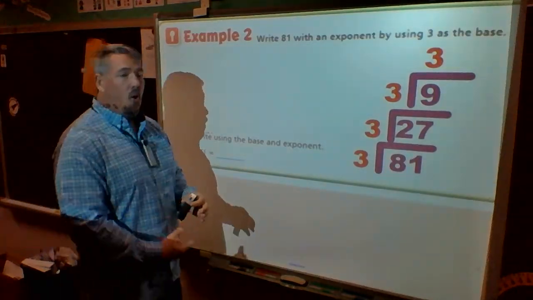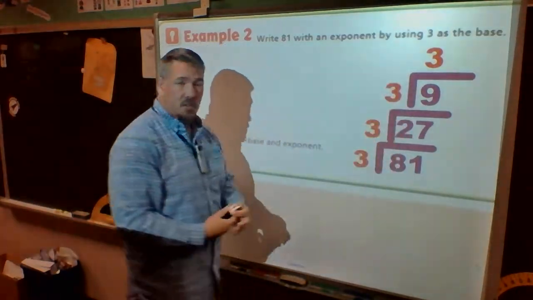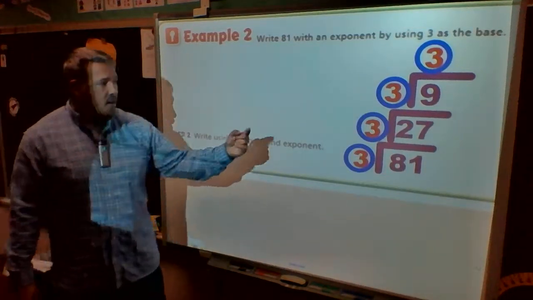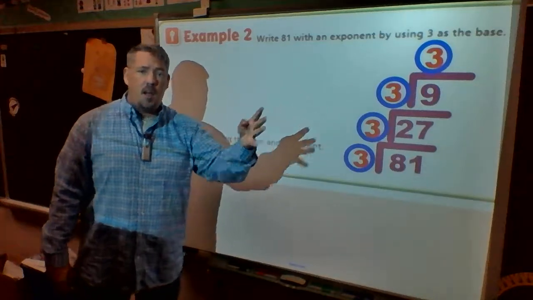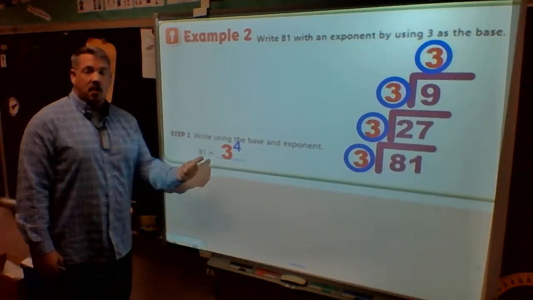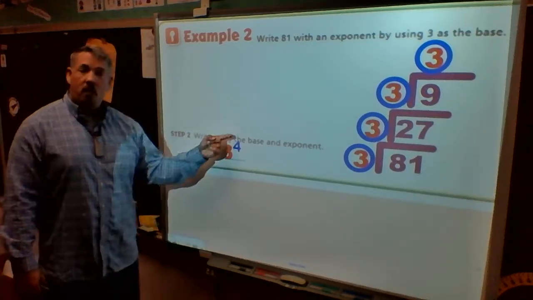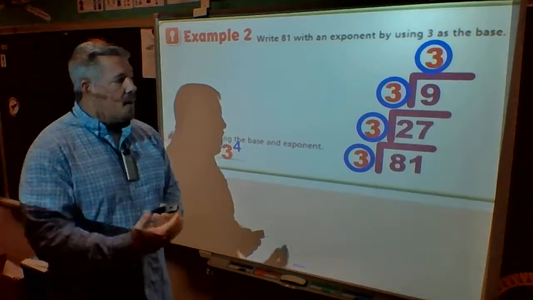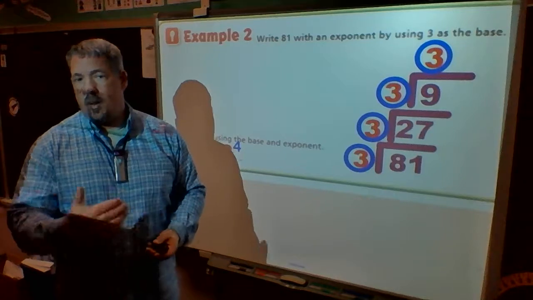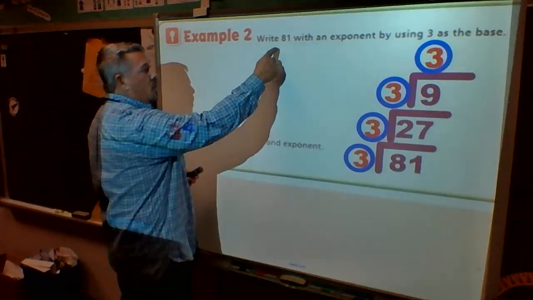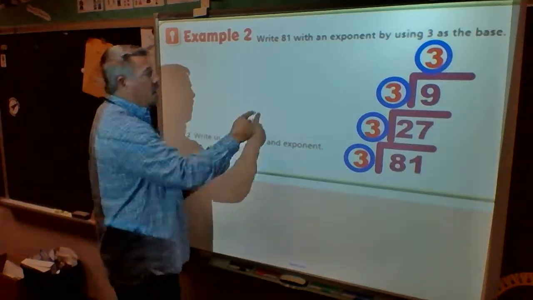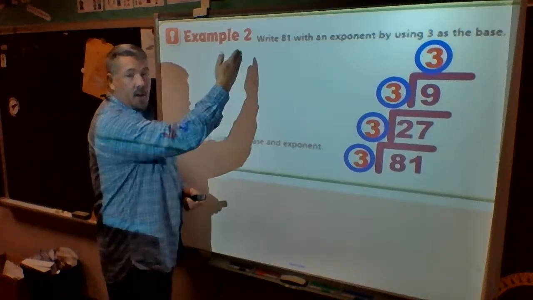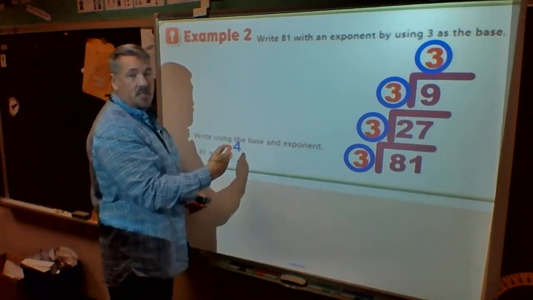Well, then I count how many are there. And if you remember, we always circled our prime factorizations when we were doing those earlier this year. When I see that I circled it 4 different times, then I know that I have a base of 3 and an exponent of 4. Now, prime factorization with a tree just basically goes in the opposite direction instead of up the stair step. So you would have written 81 at the top and treed it, and starting with 3, and 3 would go into 81 27 times.